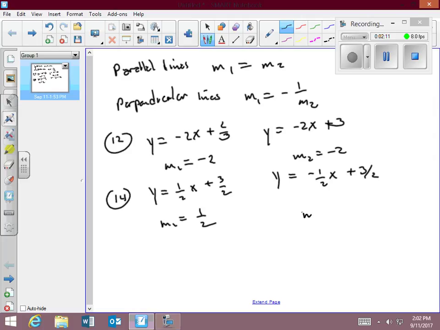What's the slope here? Negative 1/2? Are they perpendicular? No. Because they're not reciprocal, right? They're negatives of each other, but not reciprocals. So the answer here was no. The answer here was yes.